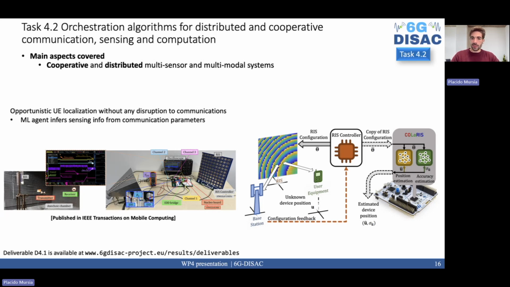On the right-hand side, we identify an AI agent dubbed Coloris, which essentially takes as input only a copy of the RIS configuration and exploits that to estimate the position of the user. So it provides no disruption whatsoever to the communication part, no overhead, and still manages to extract sensing information.